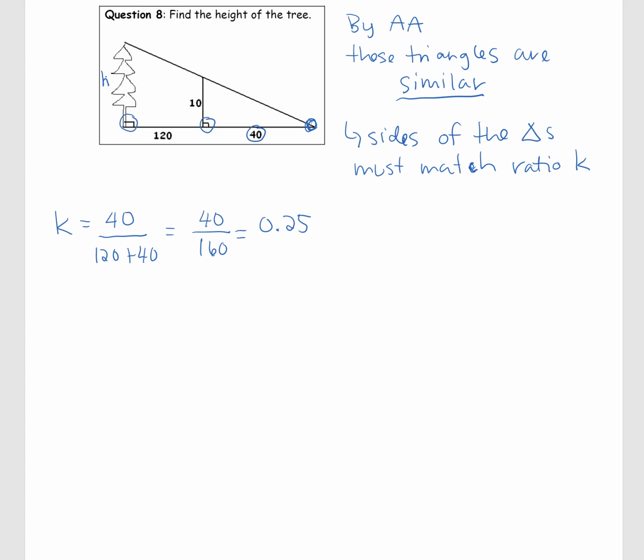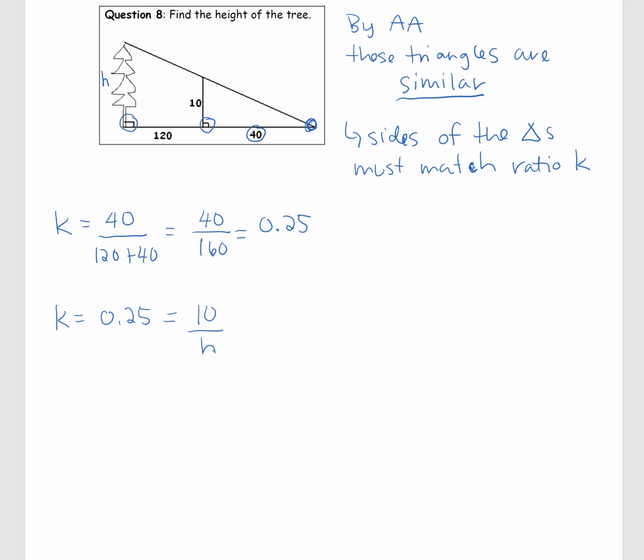We can set up another ratio where this value here, 10, and h must match up with the same ratio k as we found here. So we can write that k equals 0.25 is equal to 10 over h.